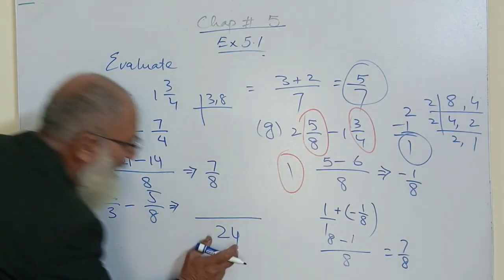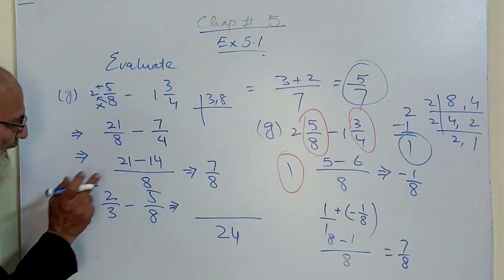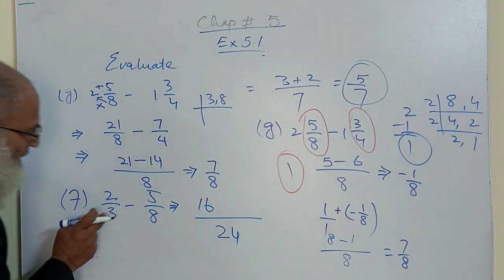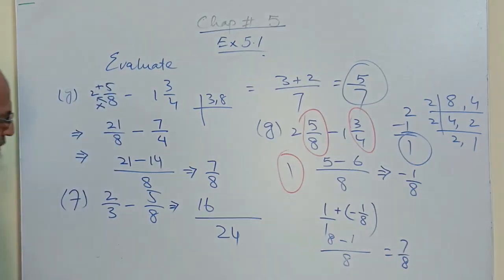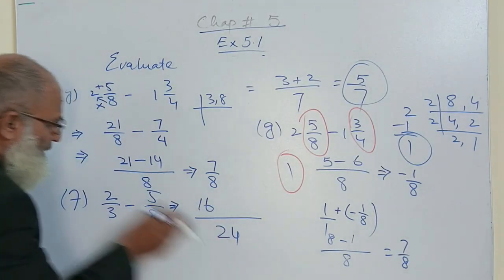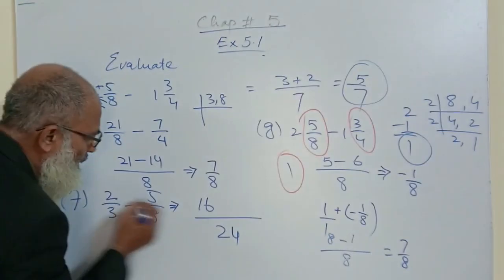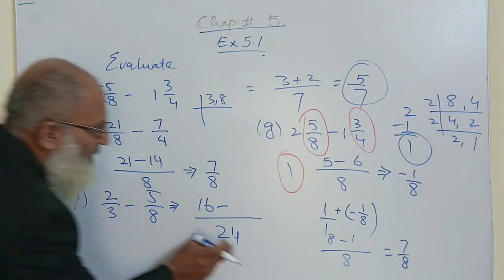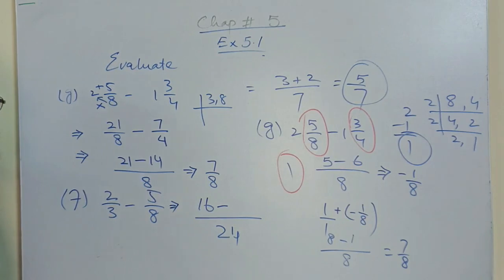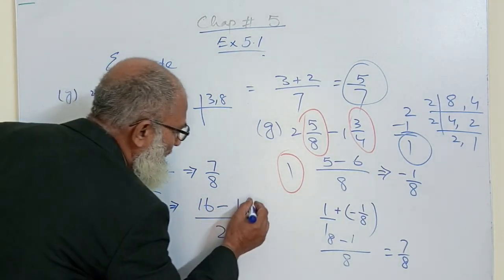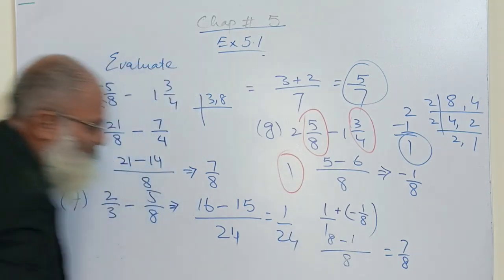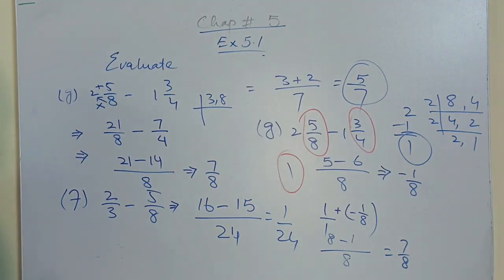Now 3 8 times is 24 and 8 2 times is 16. Put a minus sign because we are with the minus sign. 8 3 times is 24 and 3 5 times is 15. Now the answer is 1 upon 24.